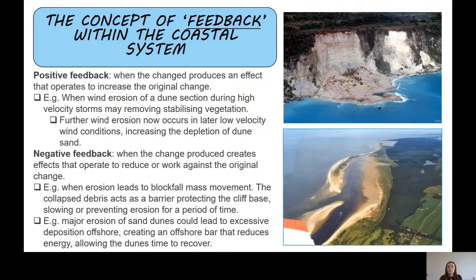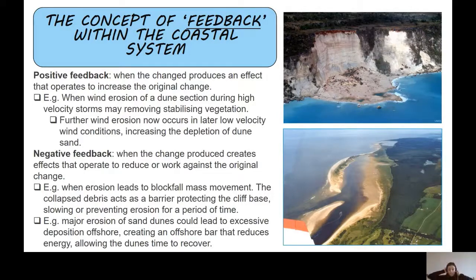There's now no equilibrium there. That's positive feedback. So the storm blew away the vegetation that was stabilizing the sand dunes. Now there's no vegetation there. Even when there isn't a storm, now more erosion takes place, which will affect the sand dune even further. So I don't necessarily want you to connect positive feedback to happy changes. Okay, it's usually just changes that have been exaggerated by another change, which has a knock-on effect.